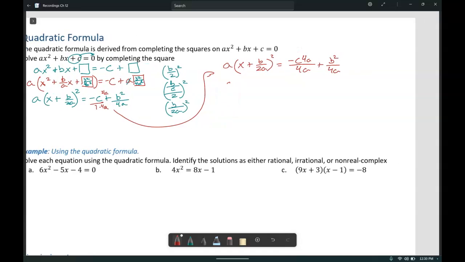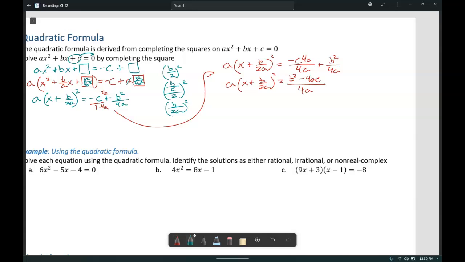And with that common denominator, let's put the subtraction at the end: b squared minus 4 times a times c all over 4a.